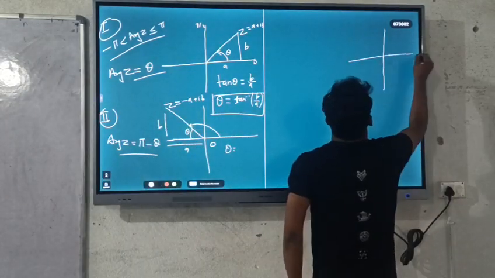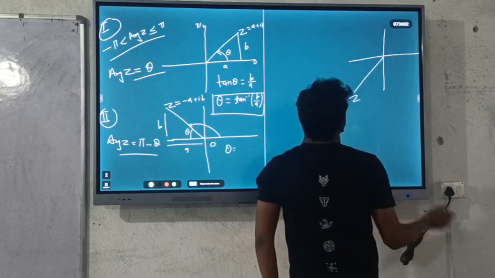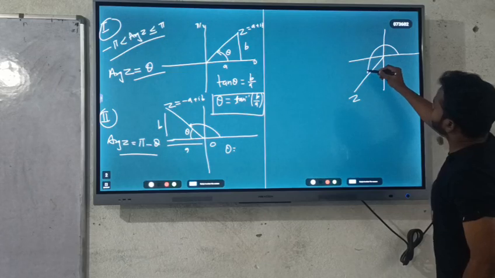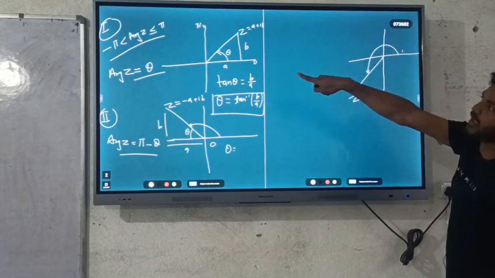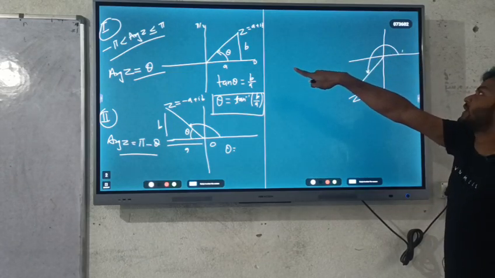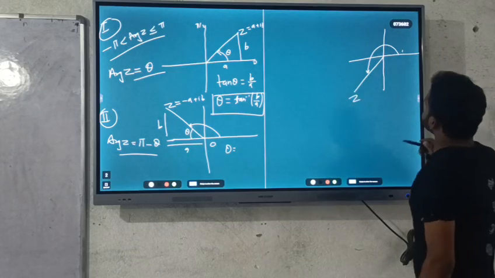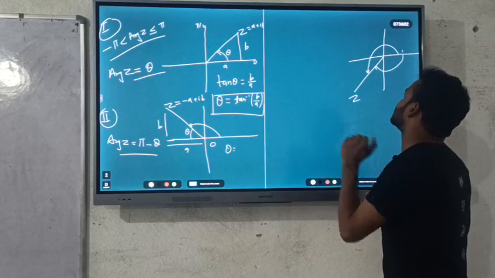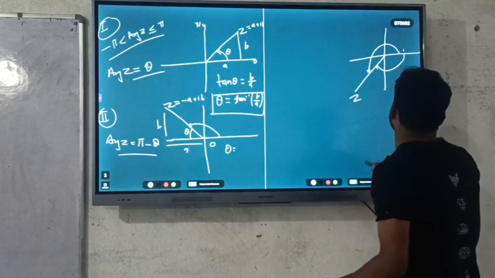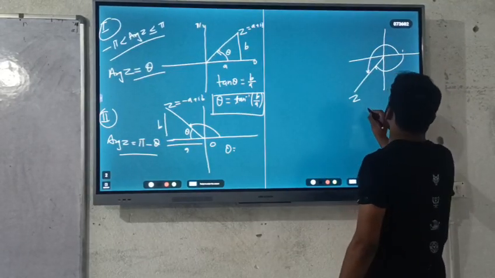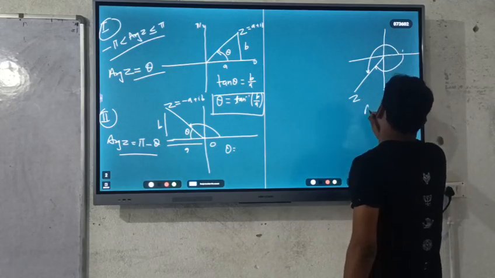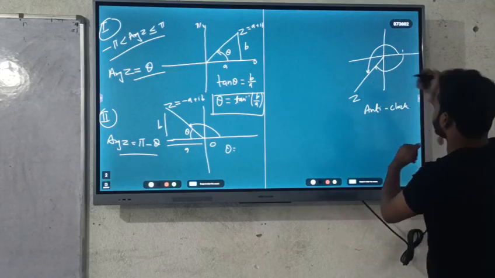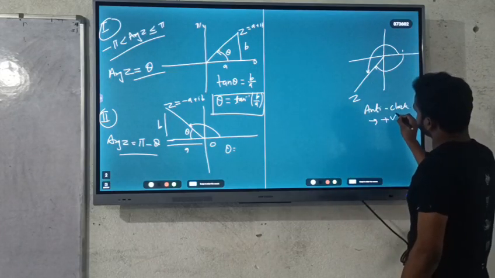Now what if z lies in the third quadrant? If we measure this angle, it is greater than pi, so it does not belong to that interval. So in this case, we measure this angle for our principal argument. Remember a simple concept: if we represent an angle in the anti-clockwise direction, then we measure it as a positive value.